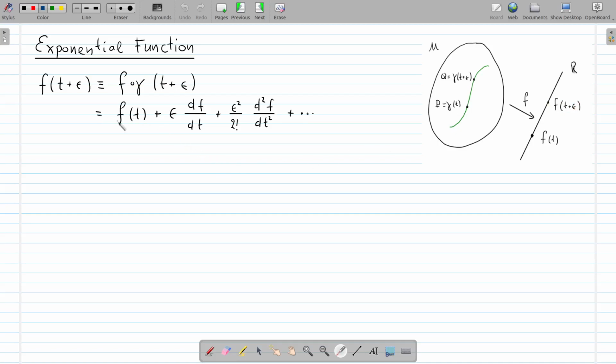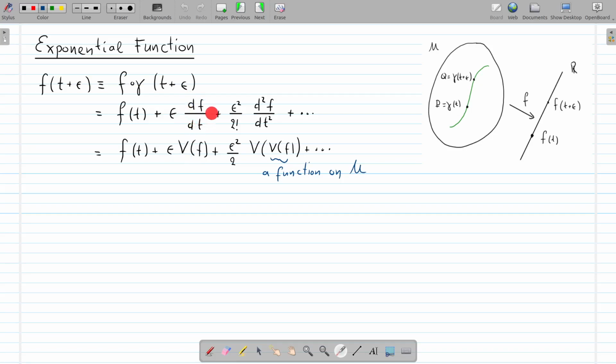We can use ordinary Taylor expansion to relate this value to this series, and we can write each term in the Taylor expansion in a geometric form by considering the action of the vector v on the function f.